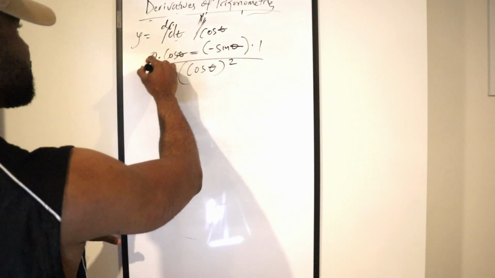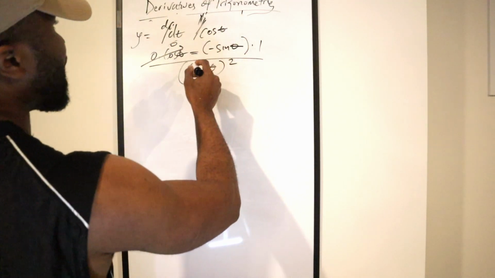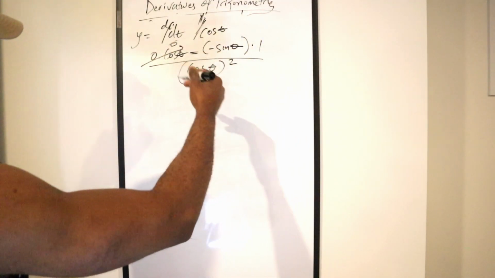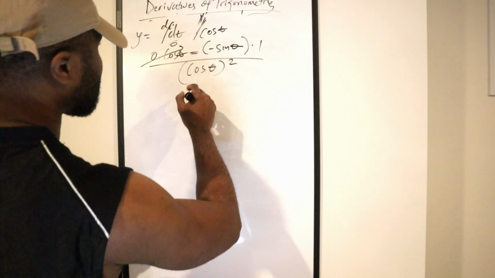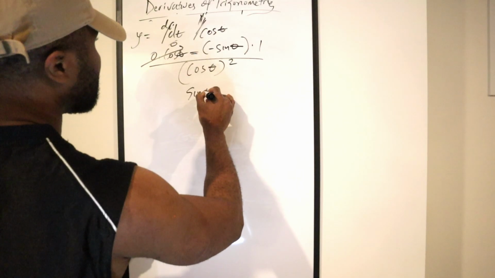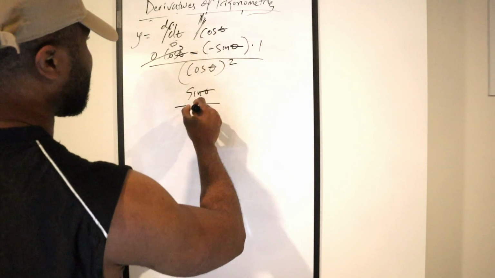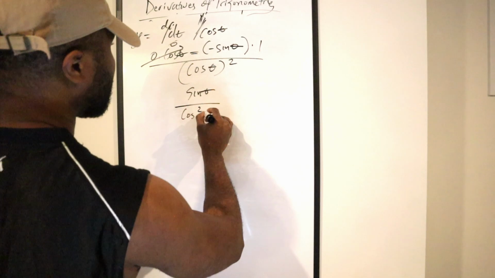So 0 times anything is 0. So now we have minus sine theta divided by cos theta squared. So minus is plus. So this is sine theta divided by cos squared theta.